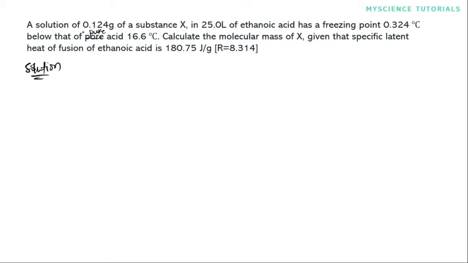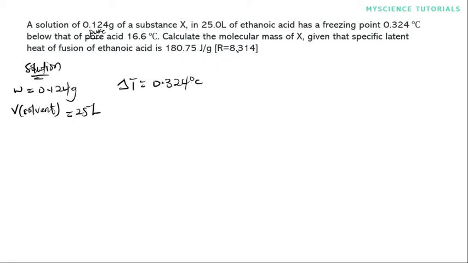So we have a solution of, so it means the mass, small w, is 0.124 grams of substance S. Now the volume of the ethanoic acid, or our solvent, is 25 liters. So it has a freezing point of this below that of pure acid. So it means the delta T is equal to 0.324 degrees Celsius.